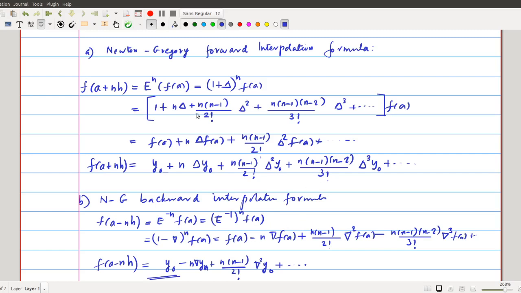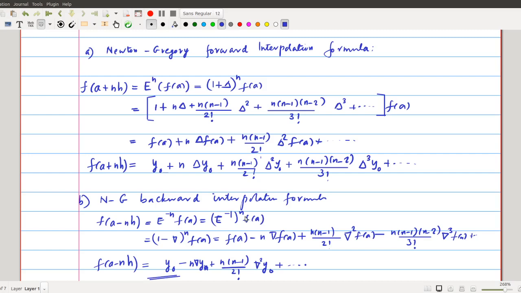So we will replace this. f of a plus n times h can be obtained using the values of f, or this (1 plus delta) whole raised to n. So in order to find out the values in between the values given in the intervals, suppose we are given 0, 5, 10, 15, 20, 25 are the equal intervals.